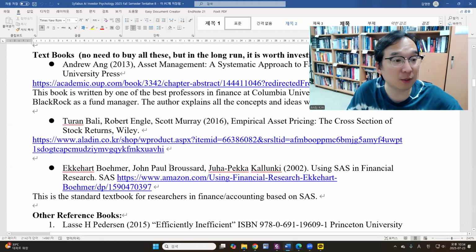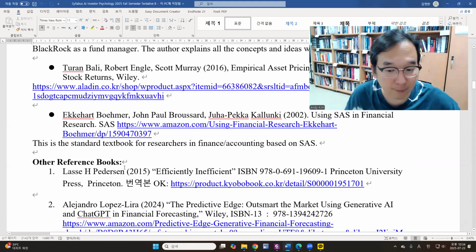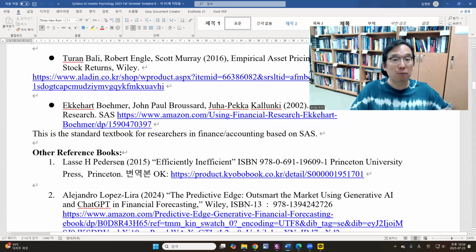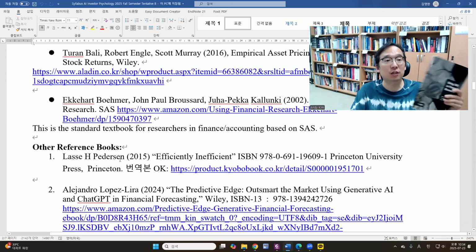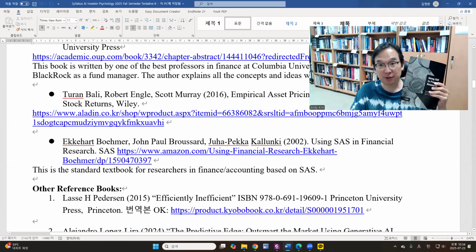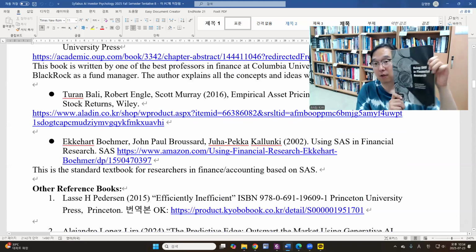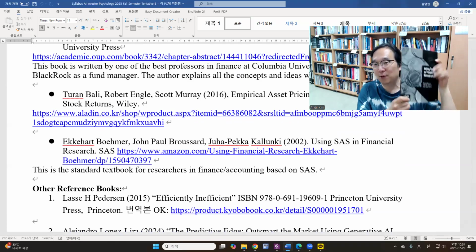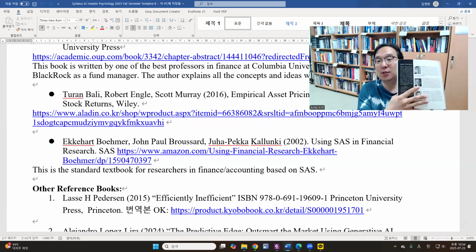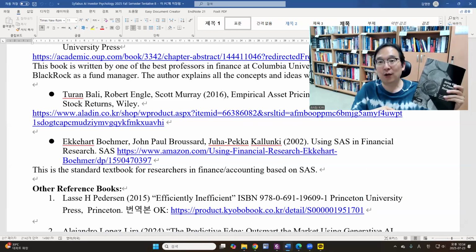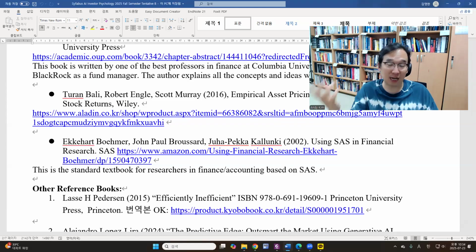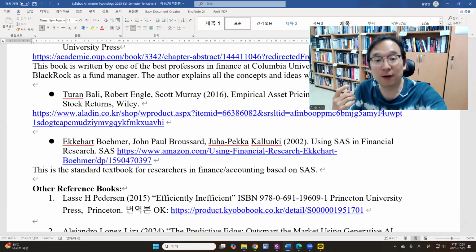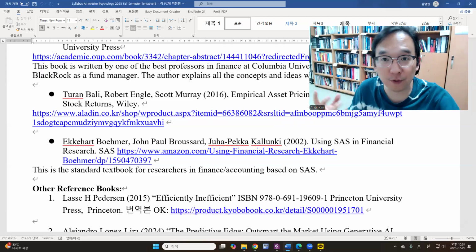And then Eckhart Bremer's book about SAS for financial research is this thin A4 sized book. This one has been a Bible for empirical researchers in finance academia, finance professors, and the PhDs in finance working in hedge funds, right?